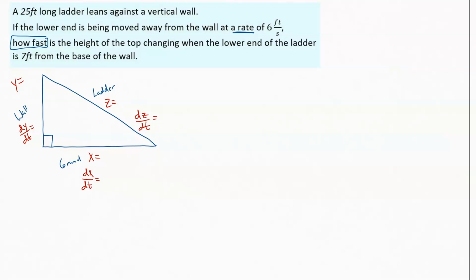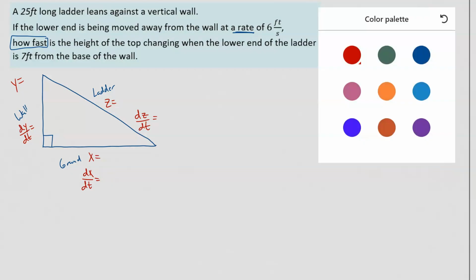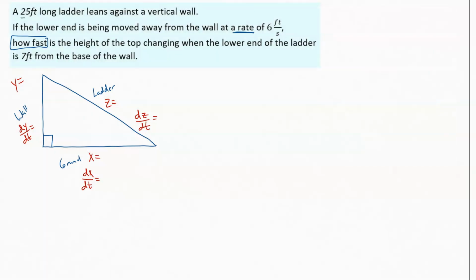In order to be successful at this ladder problem and a lot of these triangle picture problems, you want to find a value for every piece of this except for the one that you're trying to find. So coming back and looking at the language of the problem, we've got a 25-foot long ladder. That is not a rate of change, that is a flat amount. That's the ladder, so that is our z amount right there.